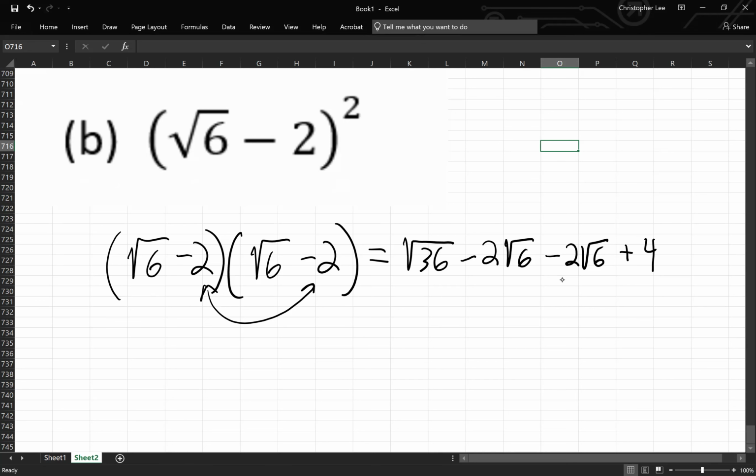Positive 4, right? And then now we want to simplify that radical. So now I should have 6 minus 2 square root 6 minus 2 square root 6 plus 4. And then we want to combine like terms, numbers with numbers, radicals with radicals. So tell me what the answer is.